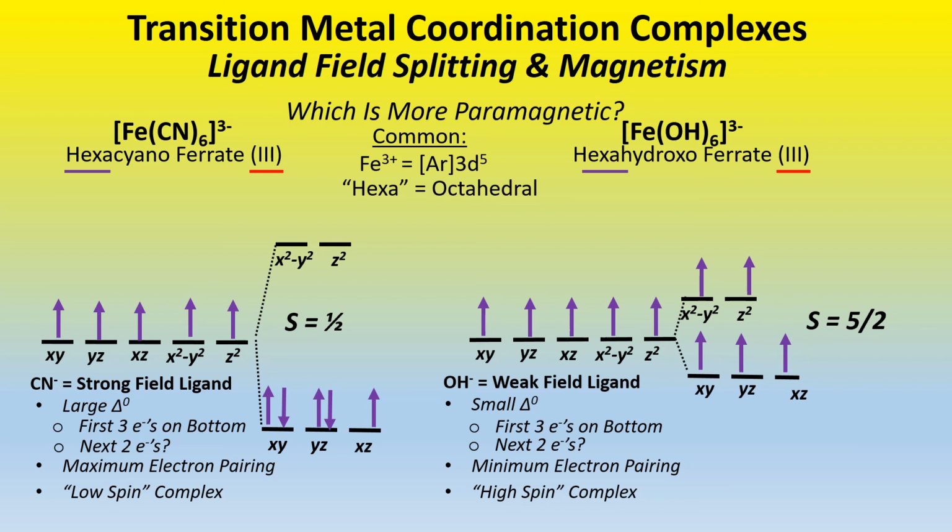Therefore, definitively, the more paramagnetic, although both of them have unpaired electrons and are both paramagnetic, the hexahydroxoferrate 3 is more paramagnetic by a factor of 5. And this concludes the introduction to transition metal complexes.